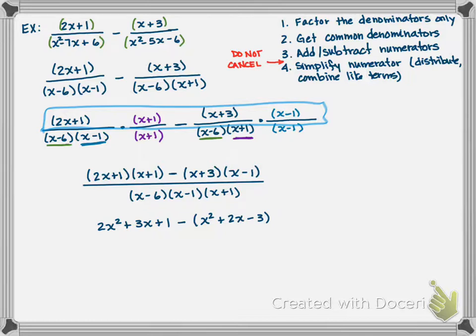Yes? If you just distributed the subtraction in the middle, instead of simplifying, would that just replace it with a positive, or would that make it a product? It would make it addition. You could write it as 2x plus 1 times x plus 1 plus negative x minus 3 times x minus 1, like that.